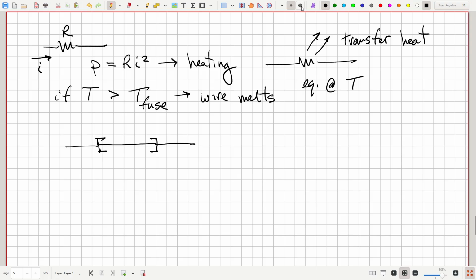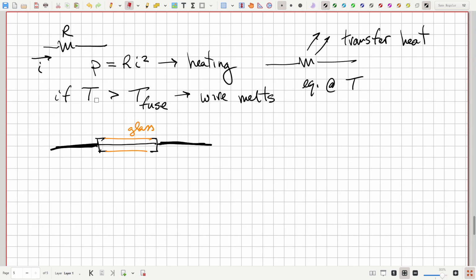So we can have, say, a little device. We've got some thick wire here on the two ends of this device connecting into some circuit. And inside we've got, see, this is a piece of glass here, a little glass tube. And we've got a little thin wire in there which has a relatively high resistance.